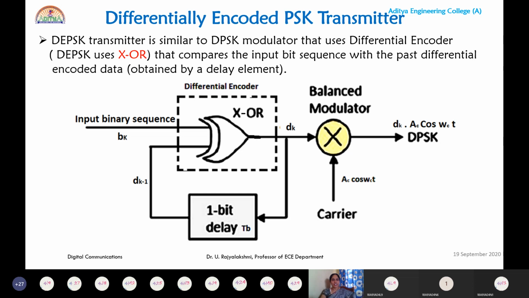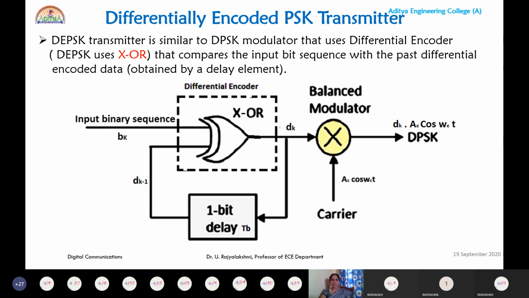So the DEPSK transmitter is almost similar to the DPSK modulator section. What is the basic difference? Same circuit, but instead of XNOR operation, here you make use of an XOR gate, and this XOR gate performs the operation.